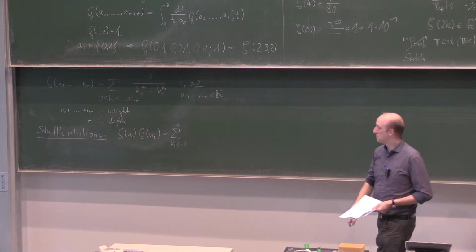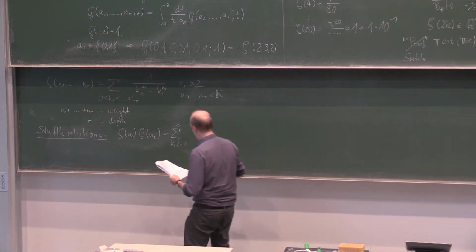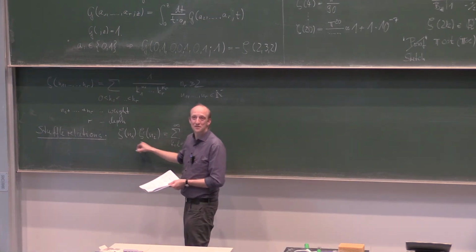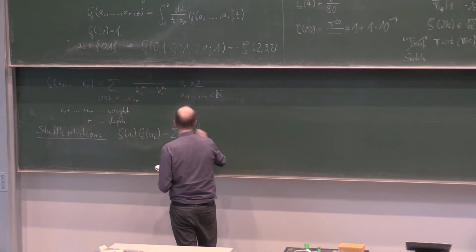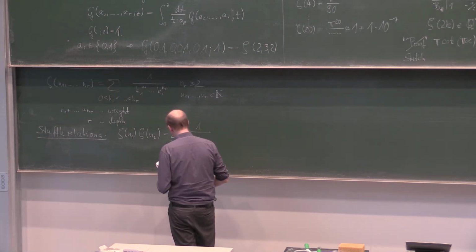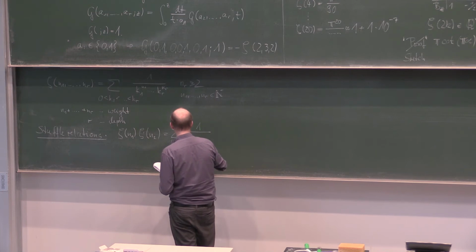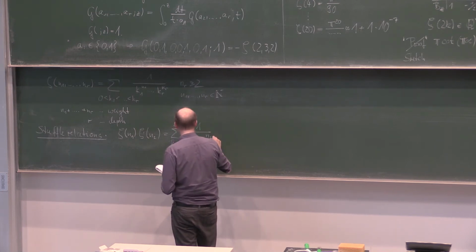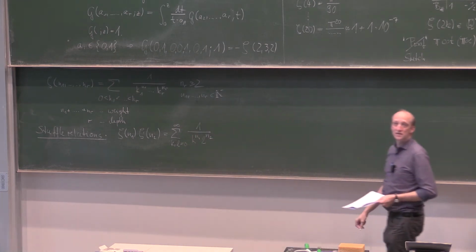So of course no ordering is implied here because I'm just multiplying the two expressions for the sum. So this will be 1 over k to the n1 times l to the power n2.